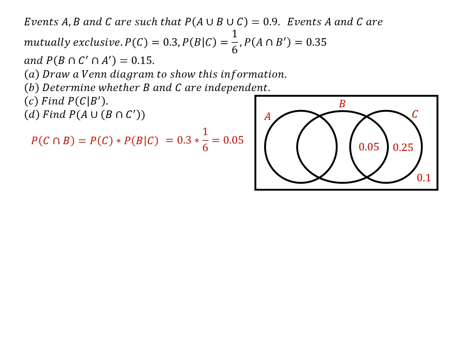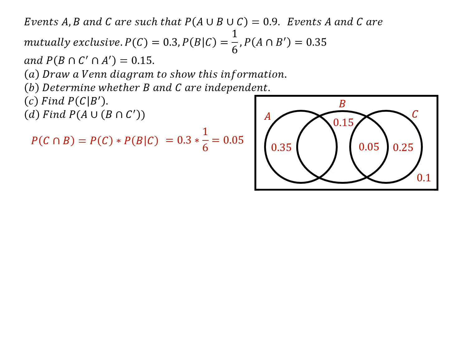And then A and not B is 0.35, that's this sector here. And B and not C and not A is 0.15. So that's B, but not C and not A. That's that bit in the middle there.